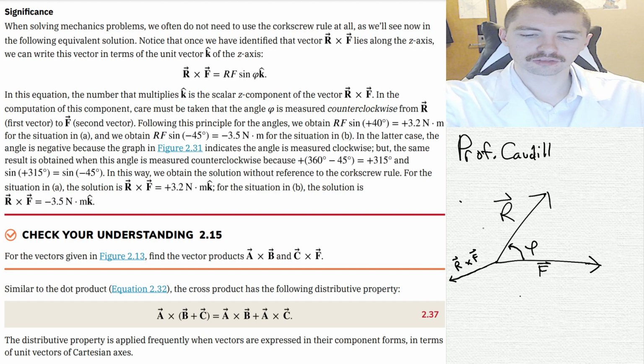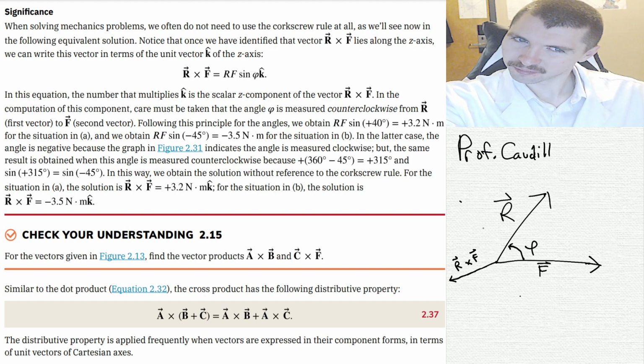And I think it's the angle. I'm not sure. I wish they had added parentheses.